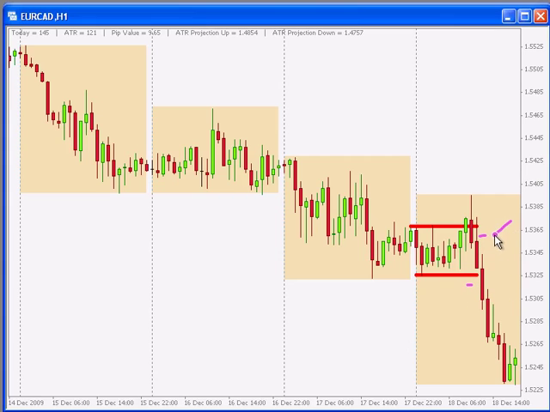Obviously, you would want to enter your short there rather than here. So what they do is drive price in one direction, and then they feed their short positions from the stop loss orders of people who entered long anywhere in there. From there, they let price move on its merry way to the downside.